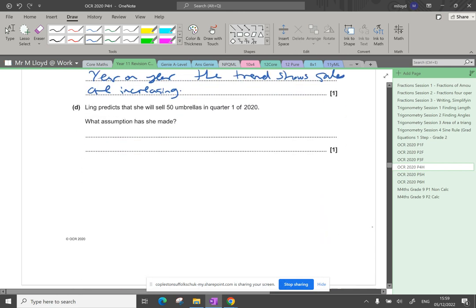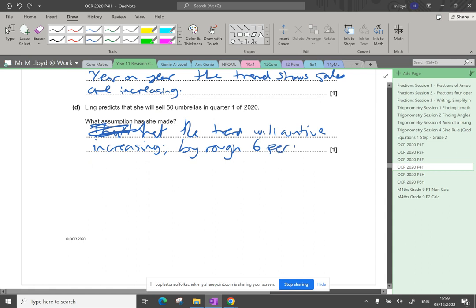So she's assumed that the trend, spell it right, that the trend will continue increasing. Okay, great. I might even put by roughly 6 per year, which is what we just saw on the graph.